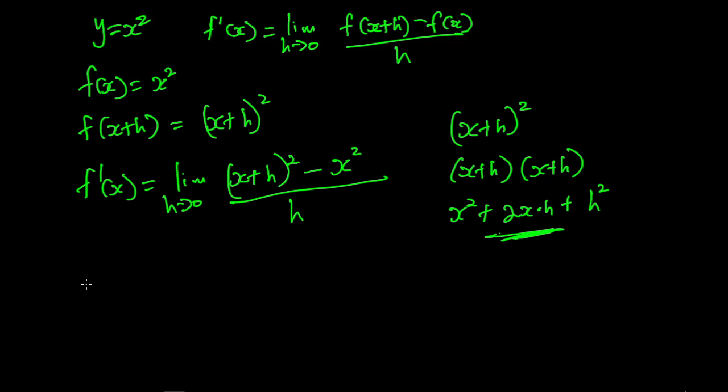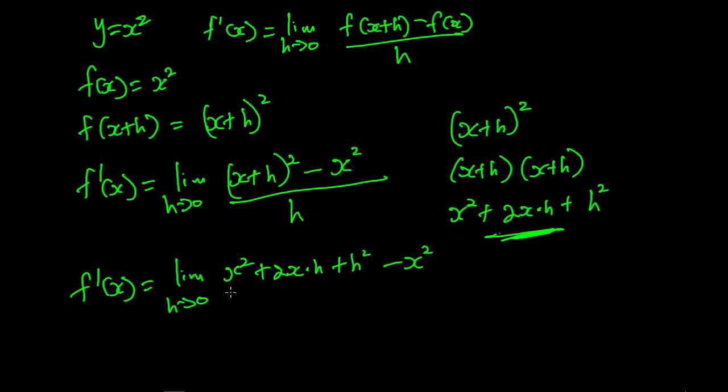Now let us substitute this back into our formula. That means we are going to have f prime of x equal to the limit as h approaches 0 of x plus h squared, which is the same as x squared plus 2xh plus h squared, then minus x squared all over h.